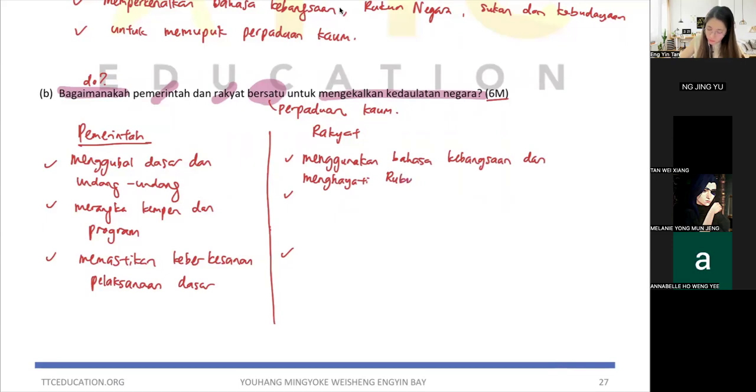So when we talk about the rule, you can straight away say rukun negara. Because that's what we practice. What else?